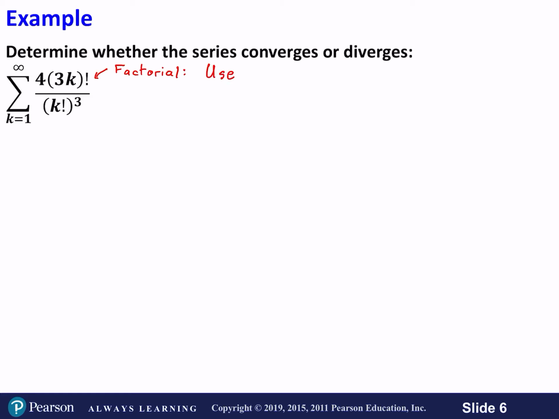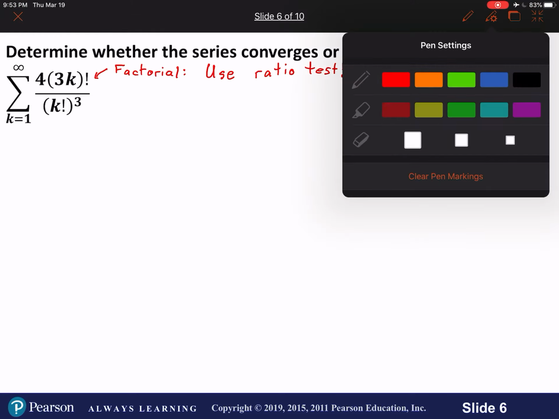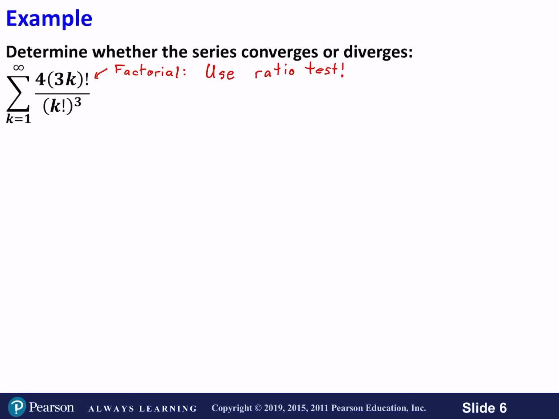Not the root test, even, but use the ratio test here. So anytime you see a factorial, you will be using the ratio test. Alright, so let's try it.